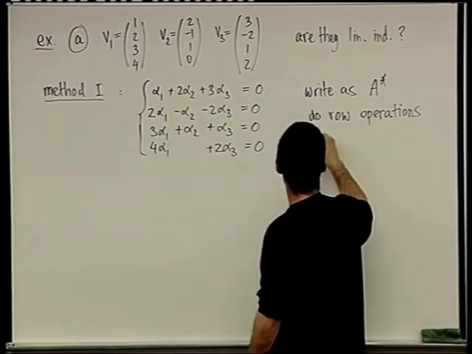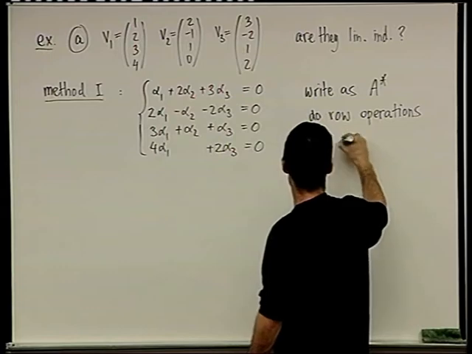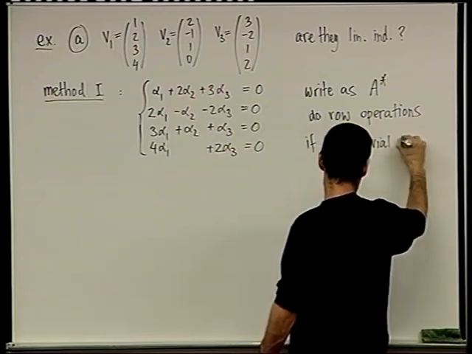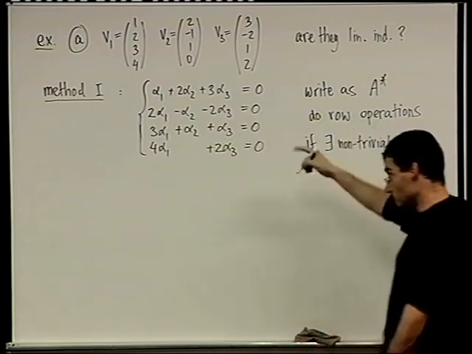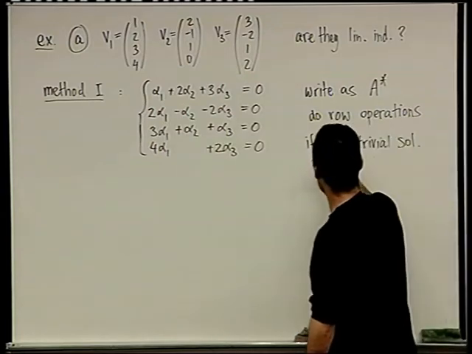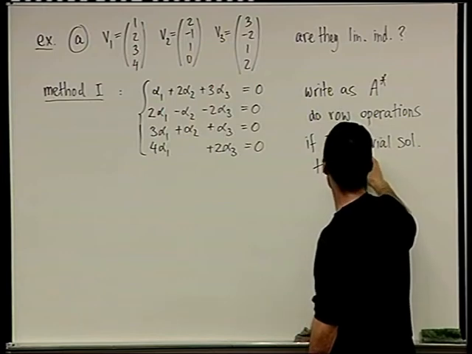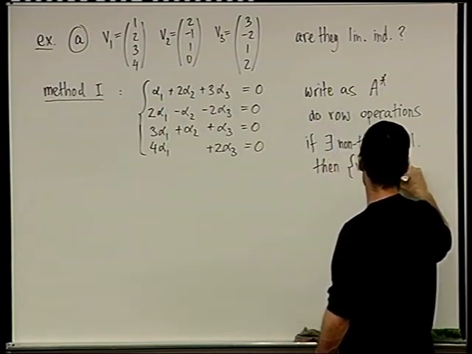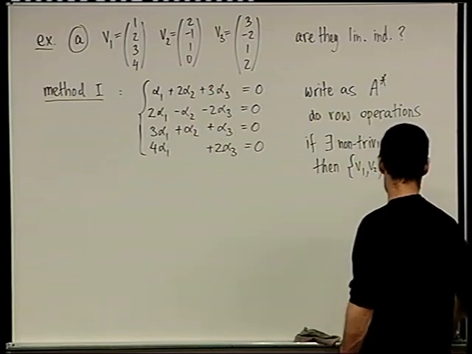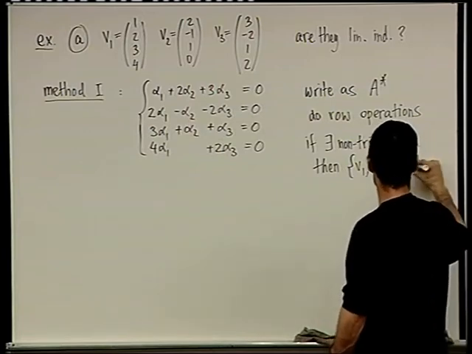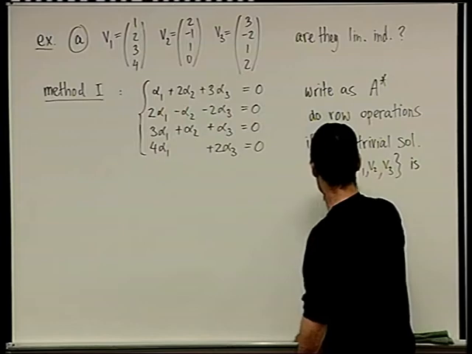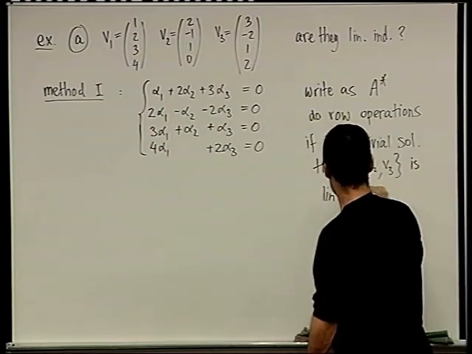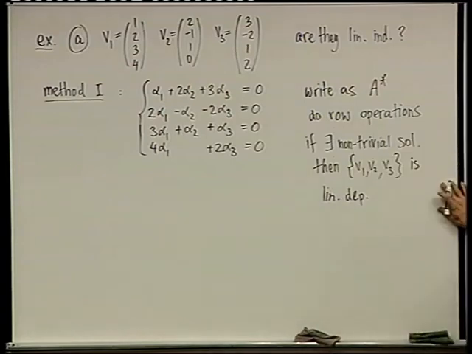And then if there exists a non-trivial solution to this system of equations, then the set V1, V2, V3 is linearly dependent. Do you agree? Okay?